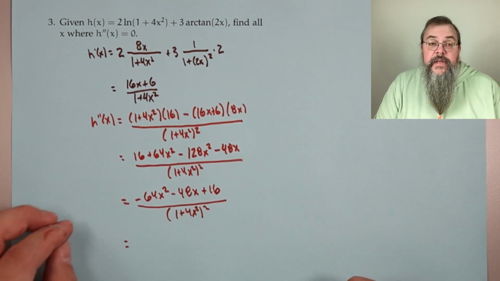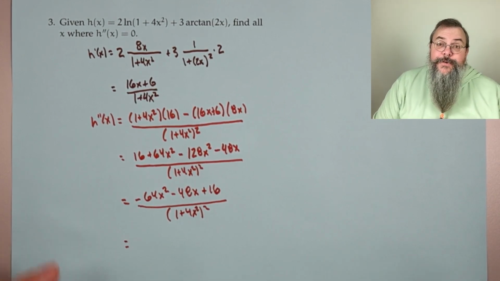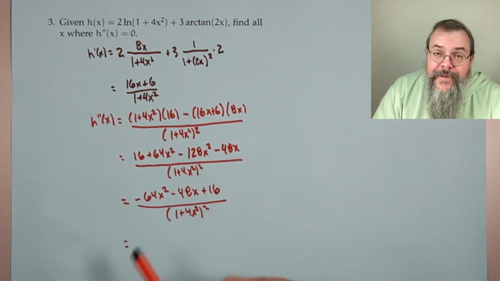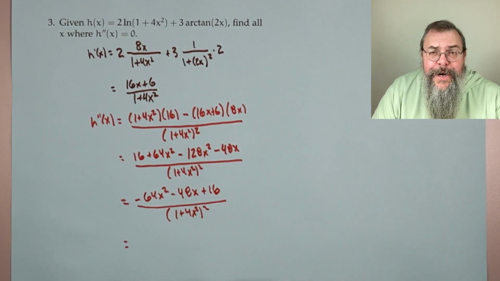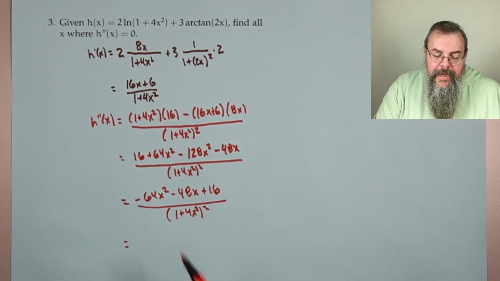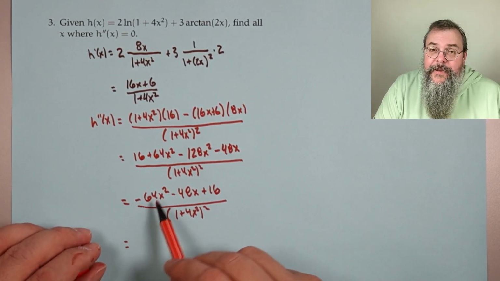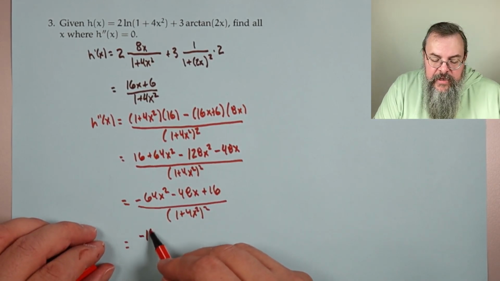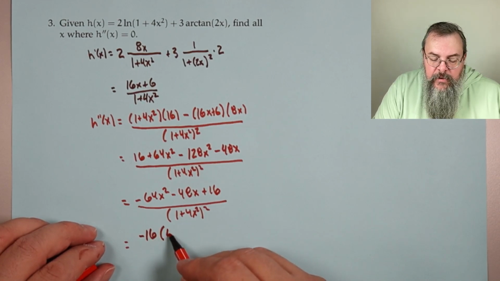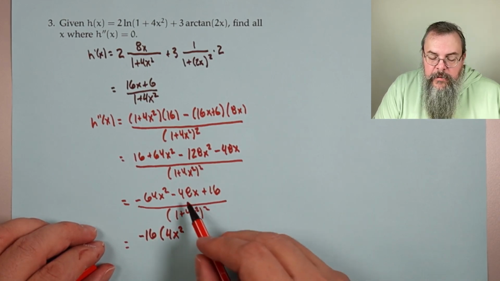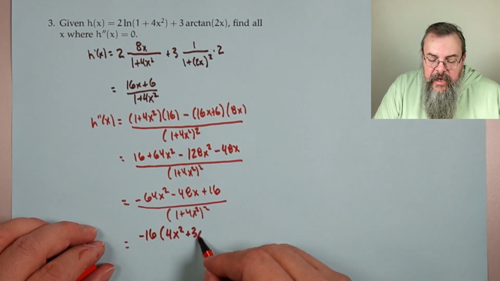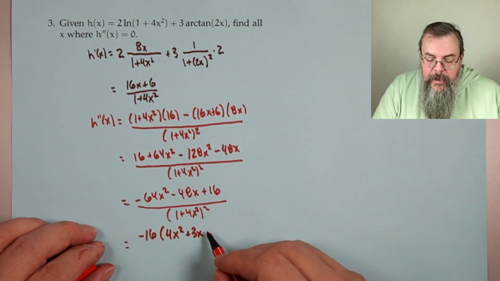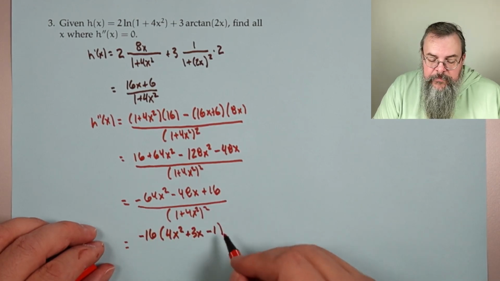And last thing to simplify, the coefficients, 16, 48, 64, they all have something in common. They're all multiples of 16. And let's pull out negative, because I like to have the coefficient of x squared be positive. So negative 16 times 4x squared plus 3x, because we're putting on a negative, and then minus 1.